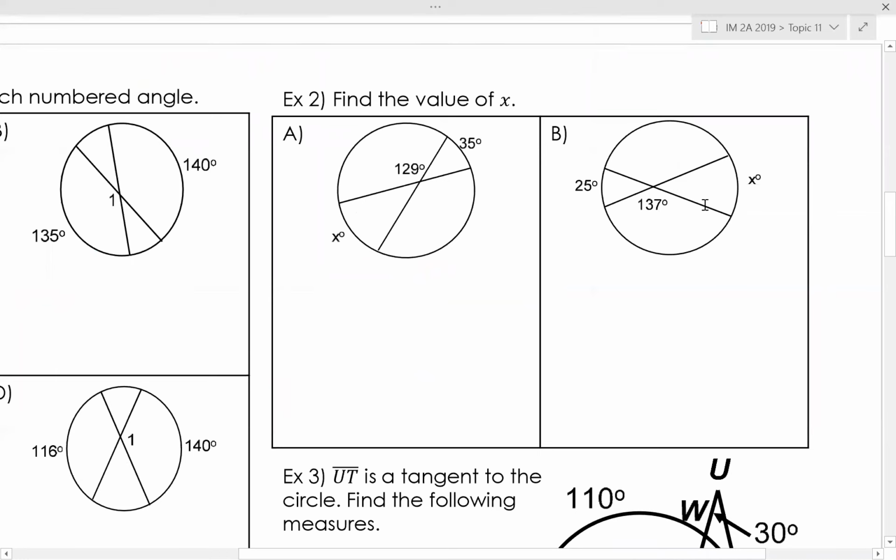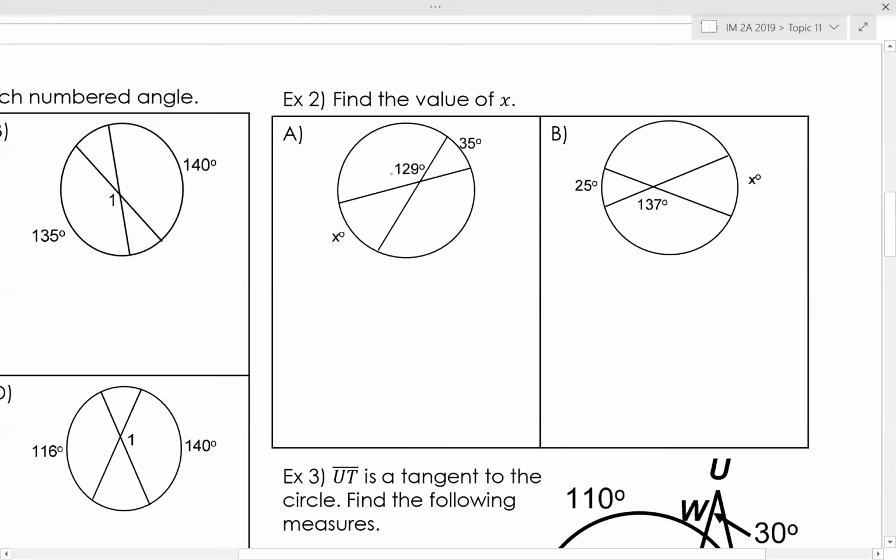So then I'm just going to do example 2. We're going to skip example 3 completely and then move on to the next page and do a different formula. So for this problem, for A, X is an arc. So it's different, but I still have 2 arcs that are across from each other.